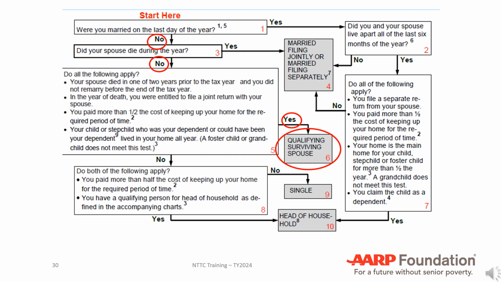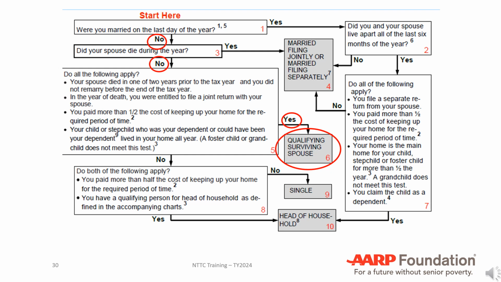Your spouse died in one of the 2 years prior to the tax year. She died in 2020, so that is one of those 2 years. In the year of death, were you entitled to file a joint return with your spouse? The answer to that is yes. You paid more than 1/2 the cost of keeping up your home for the required period of time. The answer is yes.